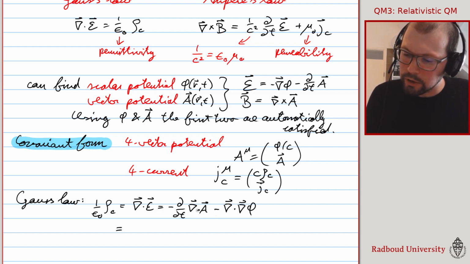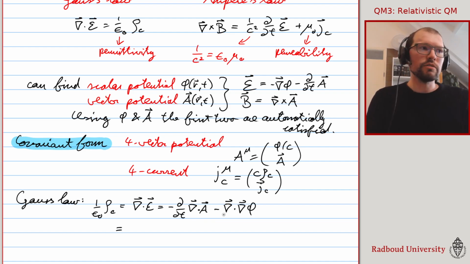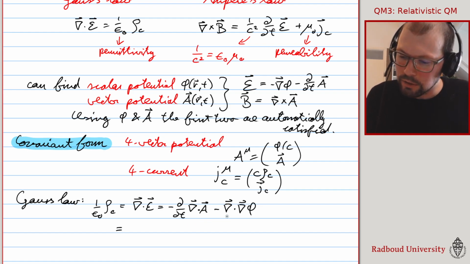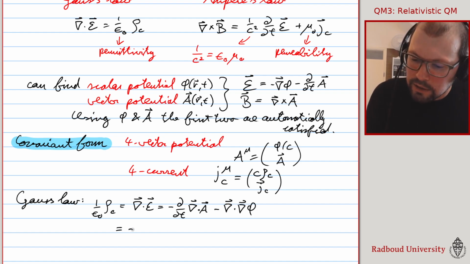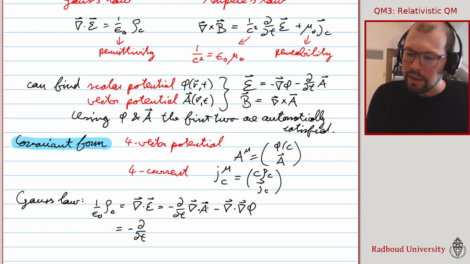So we want to rewrite these derivatives in terms of covariant derivatives with four-vector indices. Let's do this for both terms. We have here a time derivative, and then we have a spatial derivative, but then we would also like to have another time derivative there.